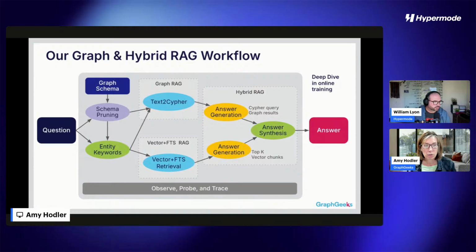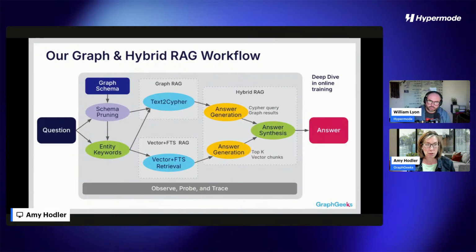You can see that with our starting point, our graph schema, we don't tell the LLMs to use the entire graph schema. We do a pruning of it. In this case, the LLM is looking at the question and the schema, and it then prunes the schema down to the extracted keywords.